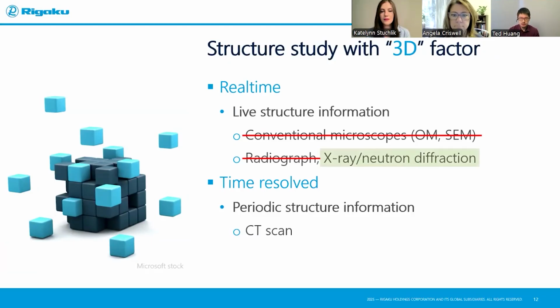X-ray and neutron diffraction, they do give you 3D information, but they're not exactly an imaging tool. So they are super powerful, but if you want an imaging tool, you have to go to CT. So these are the true 4D structure study tools, combining 3D and time.